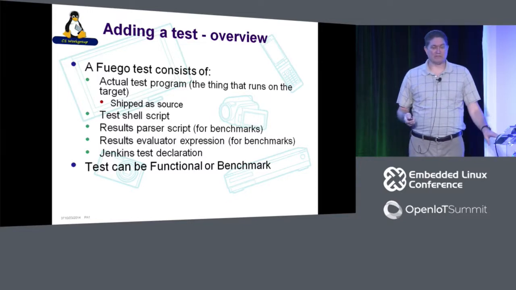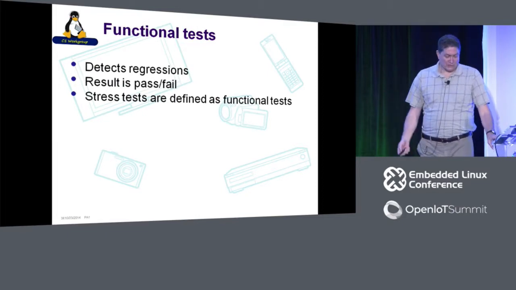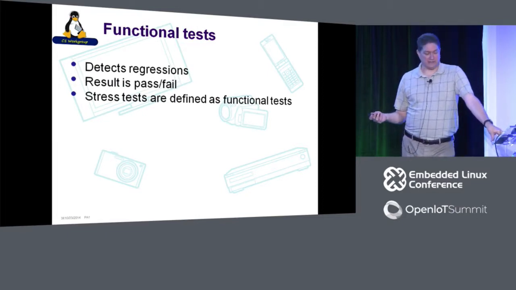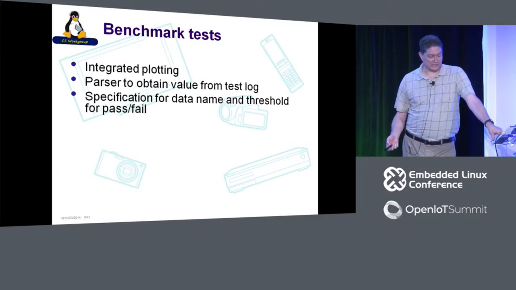So the test can be either a functional or a benchmark test. Functional tests, basically the definition there is that they're for detecting regressions. It's either pass-fail. Stress tests are defined as functional tests.